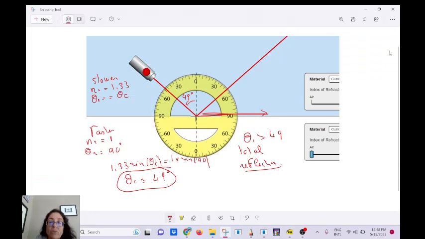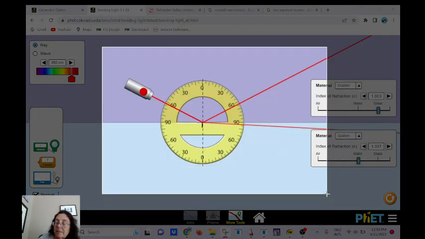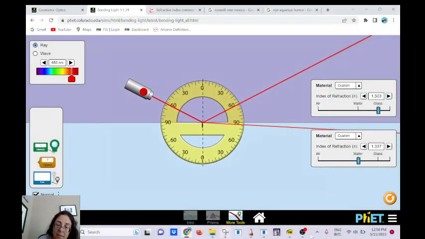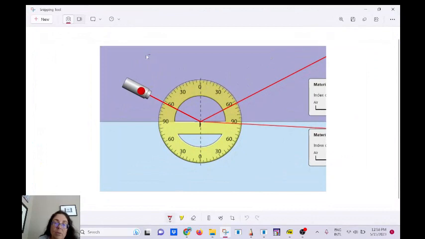Okay, again, try to do the math. So you can try to do the math. Again, you go from slower. So this is slower, the index of refraction is 1.5. The angle of incidence is the critical angle.